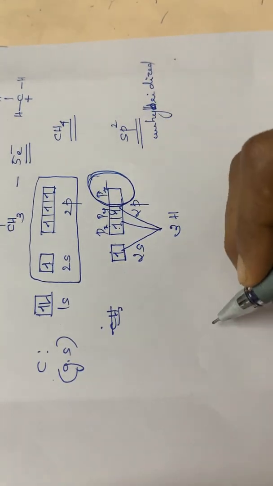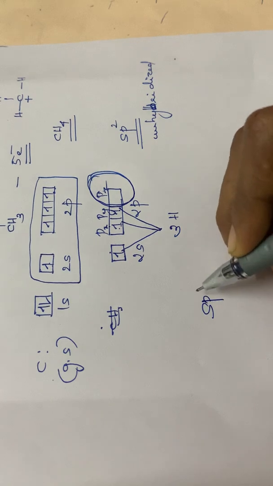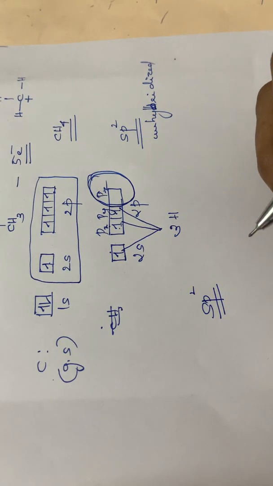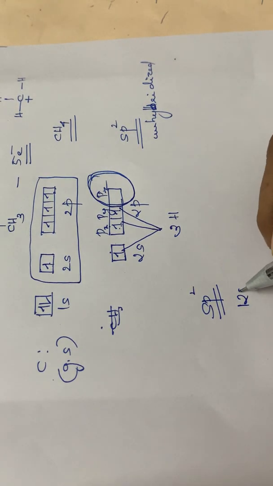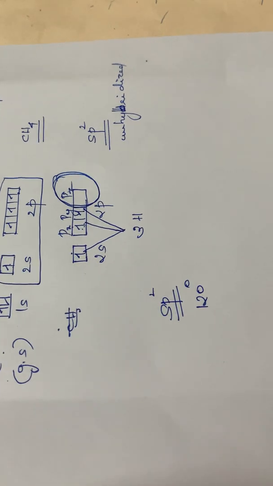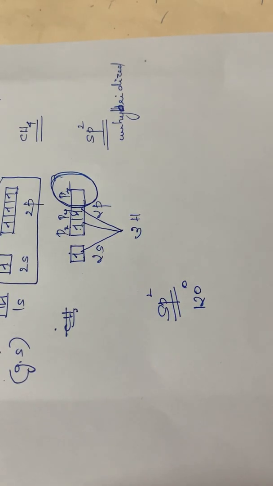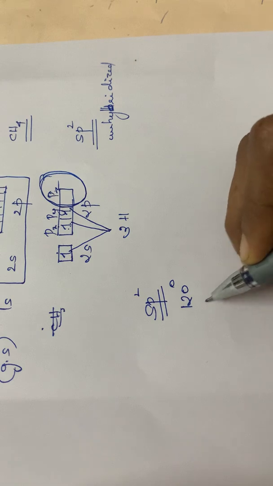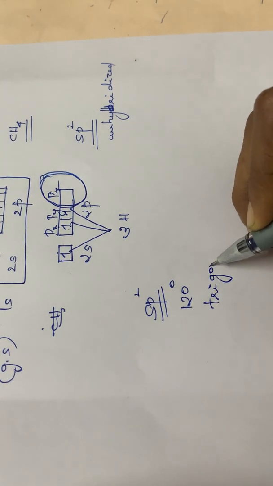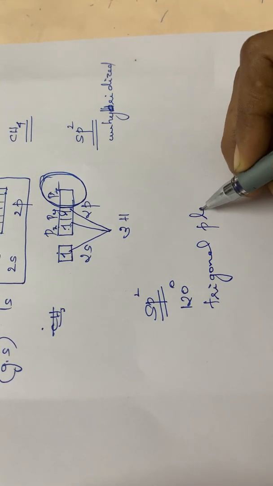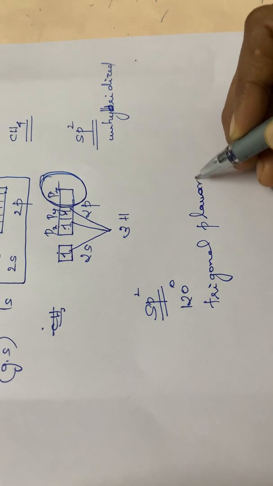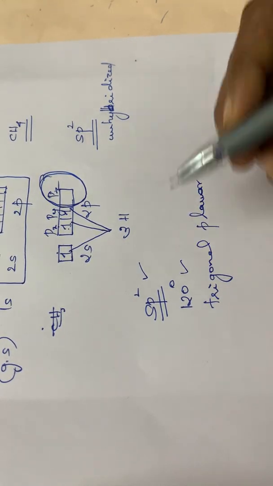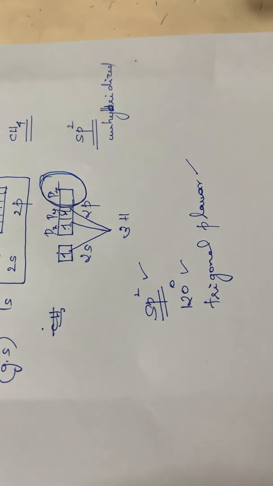So the geometry of this carbocation will be sp2 hybridization, and for sp2 hybridization, what about the bond angle? The bond angle will be 120 degree, and the geometry will be trigonal planar. So this methyl carbocation has sp2 hybridization with bond angle 120 degree, and the geometry is trigonal planar.